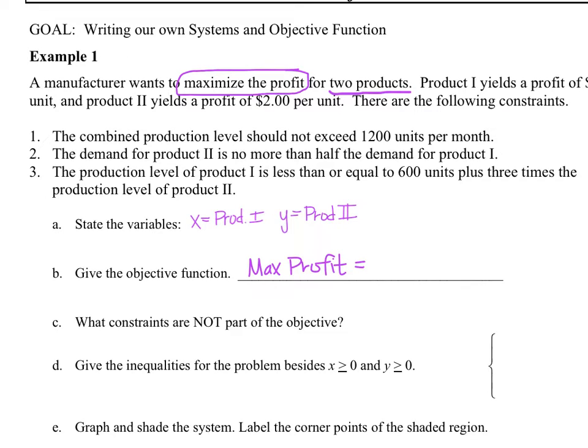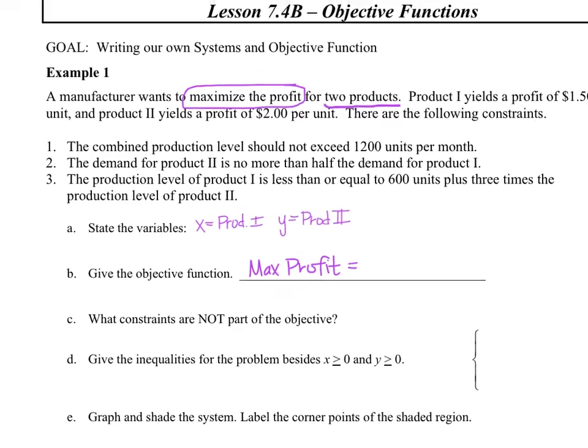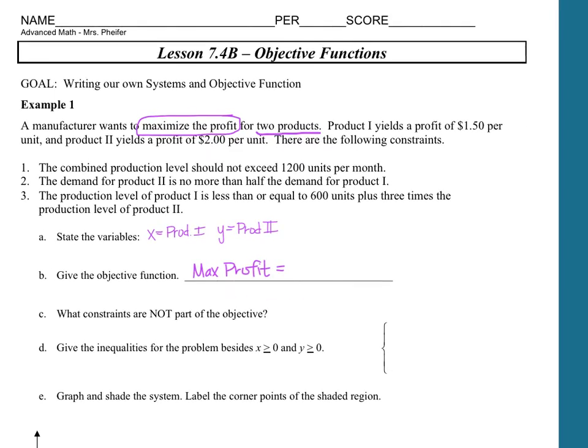So I need a function for that, which is another word for an equation. And we can see that we are told that we get $1.50 for every unit of product 1. So that would be 1.50x, plus, we get $2 for every unit of product 2. So that's plus 2y. And that is your objective function.